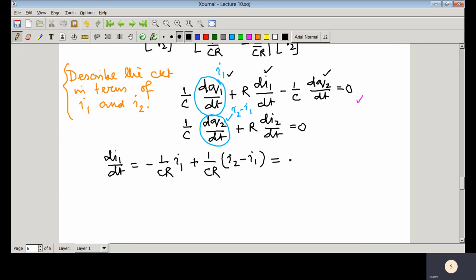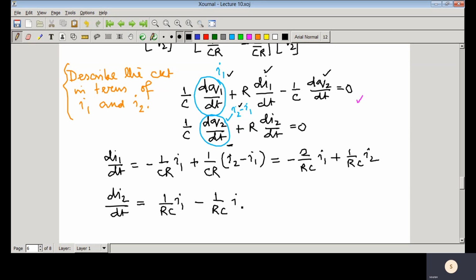If you simplify it, you will get minus 2 by RC I1 plus 1 by RC I2. Similarly, the other one, di2 by dt, is equal to 1 by RC into, taking this term to the right so the minus becomes plus, I1 minus 1 by RC I2.